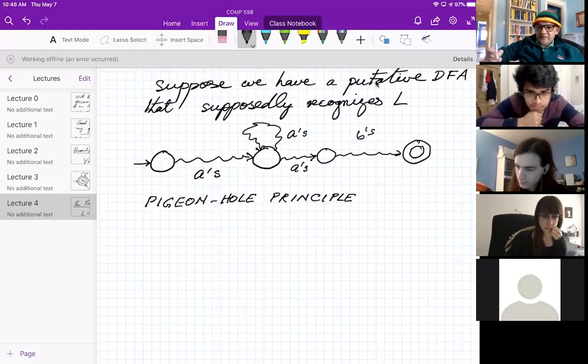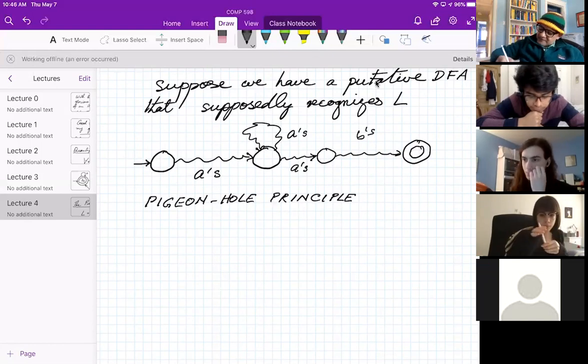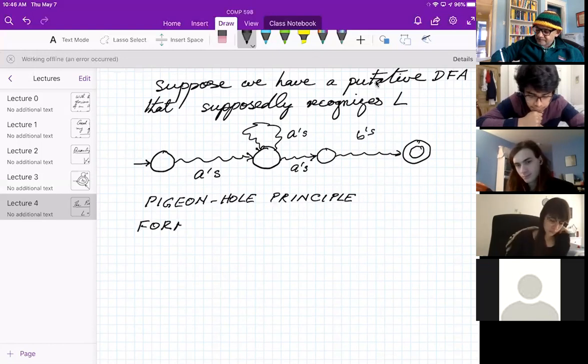Okay, so I want to write the formal statement of the pumping lemma. I'm not going to write down a formal proof because I think this picture indicates how the formal proof would look. But here is the formal statement of the pumping lemma.